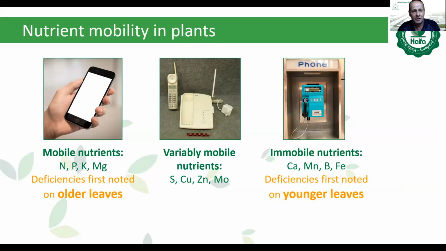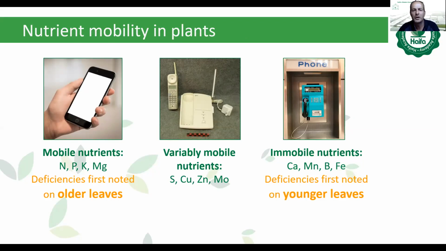Another important topic is knowing the background of the elements. We are speaking about mobile nutrients and immobile nutrients, and in the middle, some elements which are variably mobile. Mobile nutrients are N, nitrogen, P, phosphorus, K, potassium, and also magnesium.